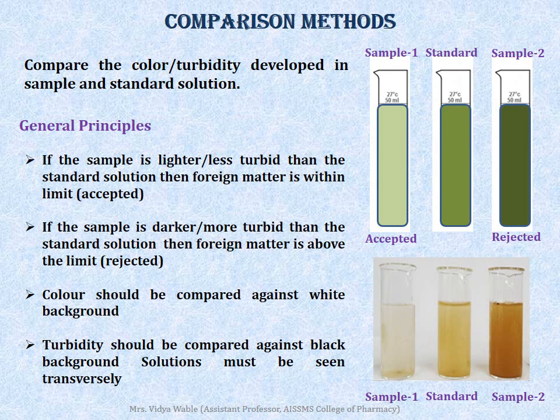In sample 2, the color is darker than the standard, so it is rejected. In the second diagram, sample 1 is less turbid than the standard, so it is accepted. And in sample 2, it is more turbid than the standard, so it is rejected.